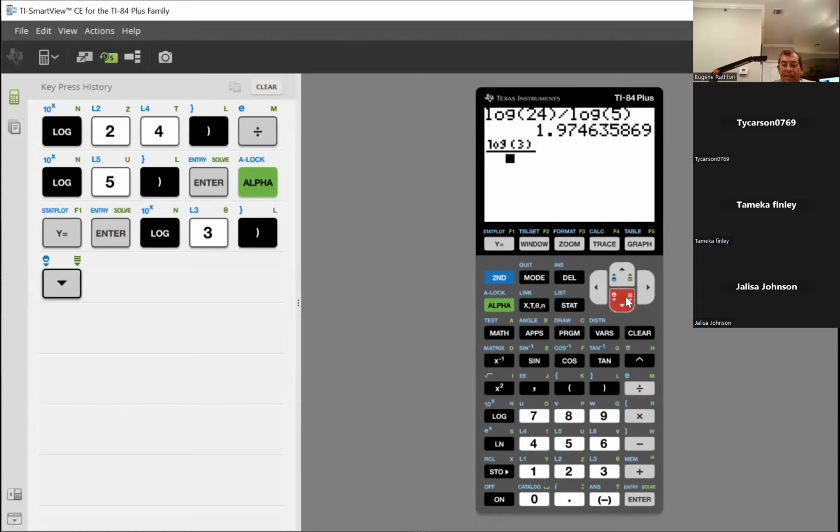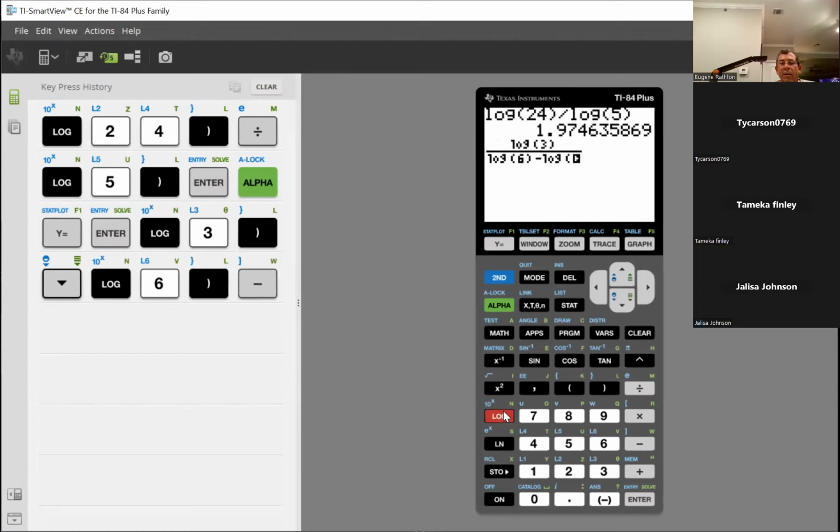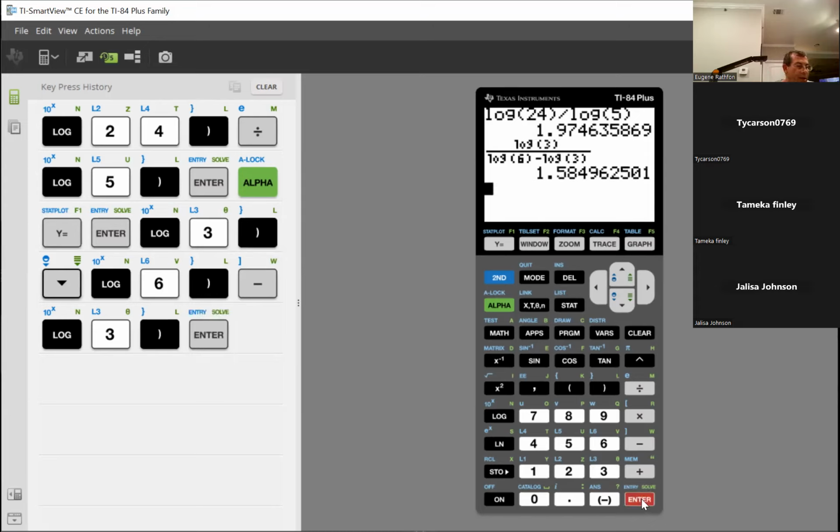We have log 6. So log 6, close parentheses, minus log 3, close parentheses. So if you use the green button, alpha, y equals, you can bring it up looking like a fraction, just like it looks, and then hit enter.